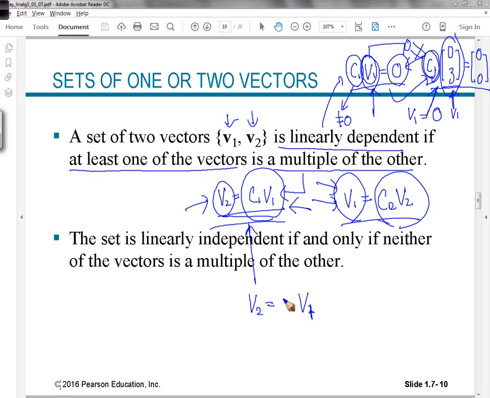In that case, from this equation, can C1 be 0? No, it's not, because if it is 0, then it tells us V2 is 0. So this one shouldn't be 0. So let's say it's like 3. Okay? V2 is equal to 3V1.